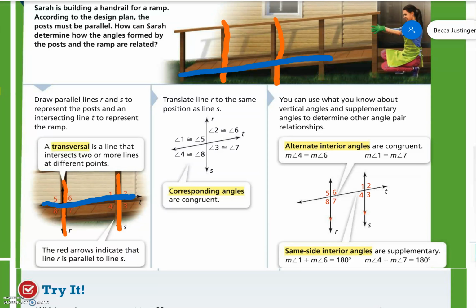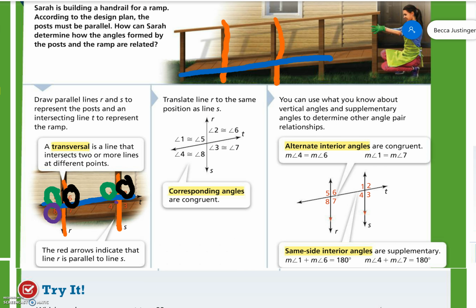So translate line R to the same position as line S. What that means is just move this left orange line on top of the right orange line. And you'll see that angle 5 matches up with angle 1. Angle 6 matches up with angle 2.